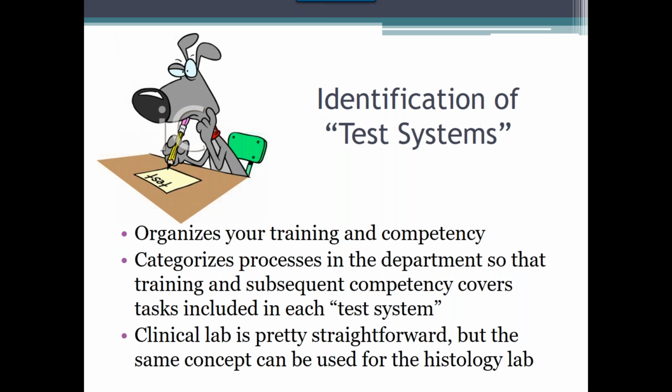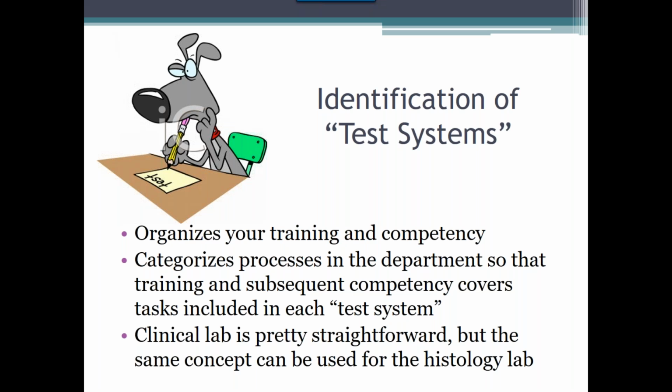So the first step in setting up an effective training and competency program is identifying test systems within the department. Test systems are used to organize your training and competency into sections so that you can further define how you are going to conduct your training and subsequent competency.